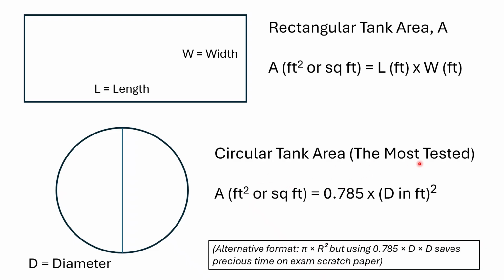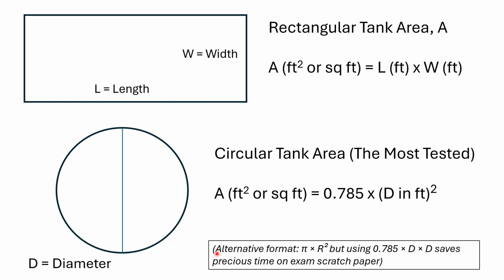Well, for a circular tank area, which is the most tested, your area in square feet is going to be 0.785 times D squared, with D in units of feet. So you don't have to change anything. And this 0.785 is pi over 4. And I'm not going to give you the derivation of how this works compared to pi r squared, but it does work.